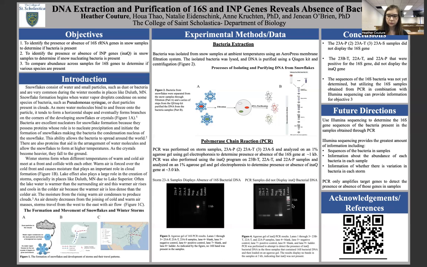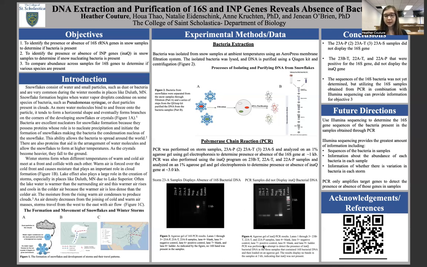If we had a band around 3 kb, we should have those genes present in our samples. But as you can see in the results in this gel, we also did not have any bands around 3 kb.